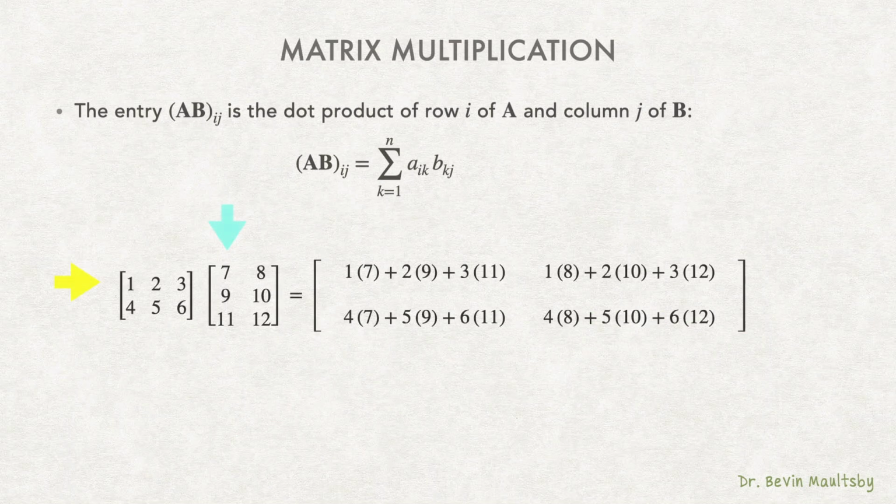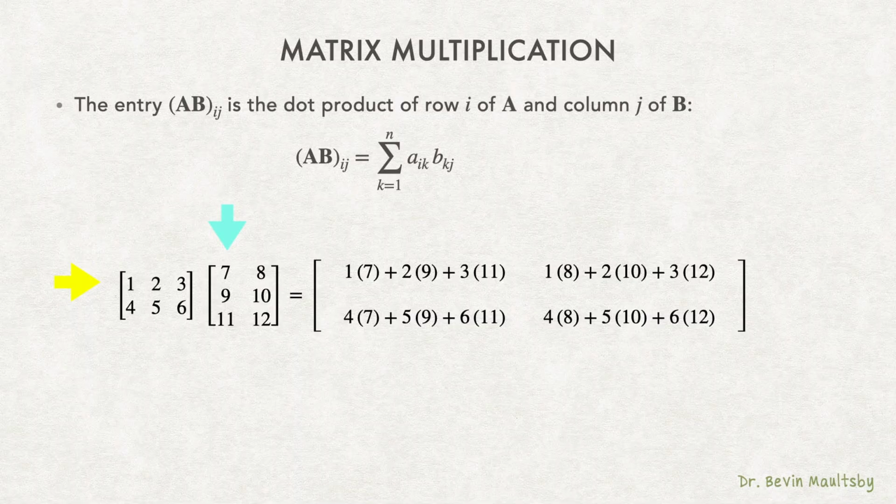Okay, so let's do this example. In order to get the entry in the 1,1 position of AB, I'm going to take the dot product of the first row of A and the first column of B. So that looks like taking 1 times 7 and adding to it 2 times 9 and adding to that 3 times 11.